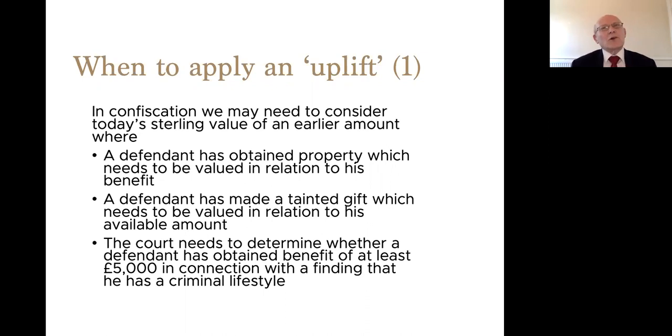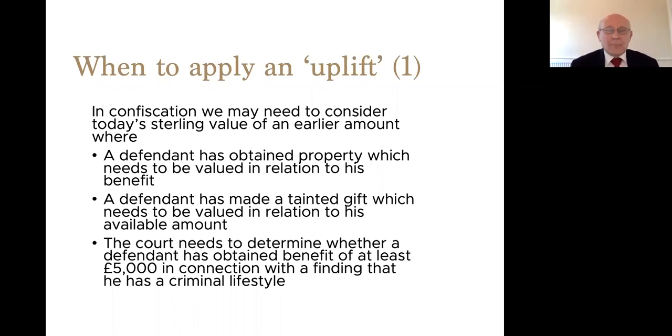A little bit more controversial, there's a £5,000 limit in relation to criminal lifestyle in Section 75. In that for certain of the criminal lifestyle tests, and you will know that there are 4 different routes to a criminal lifestyle, but for certain of those routes, the question is asked, has the benefit obtained been at least £5,000 or more?